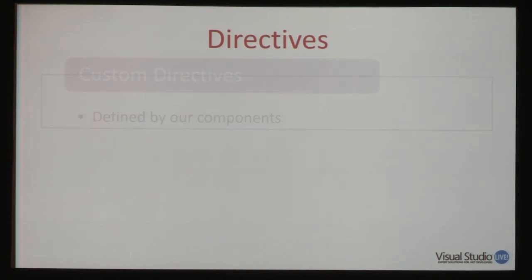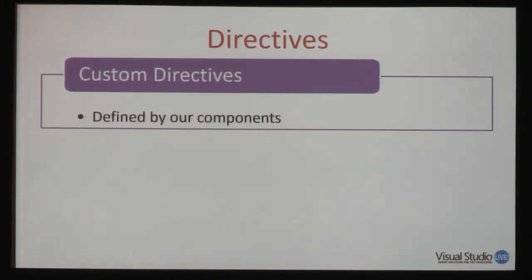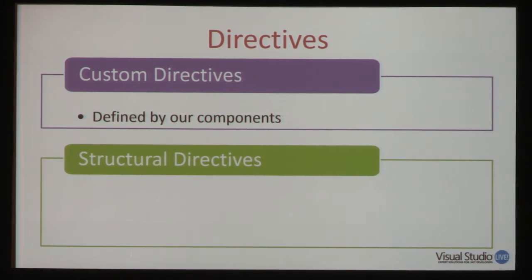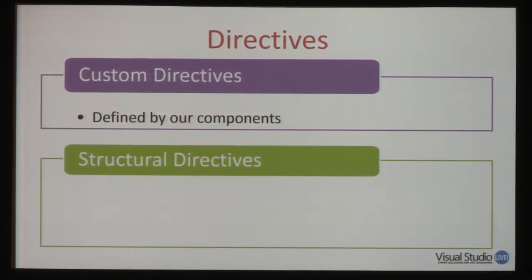Now, I said that we create our own custom directives by using the selector. So we can define these by simply creating a component and giving it a selector. But Angular still does have some of its own built-in directives. So we're going to look at a couple in this session. We're going to look at a couple more in this afternoon's session when I'm talking about Angular 2 forms and validation. But the two directives I want to talk about here are called structural directives, and that's because they affect the structure of the DOM, the document object model.